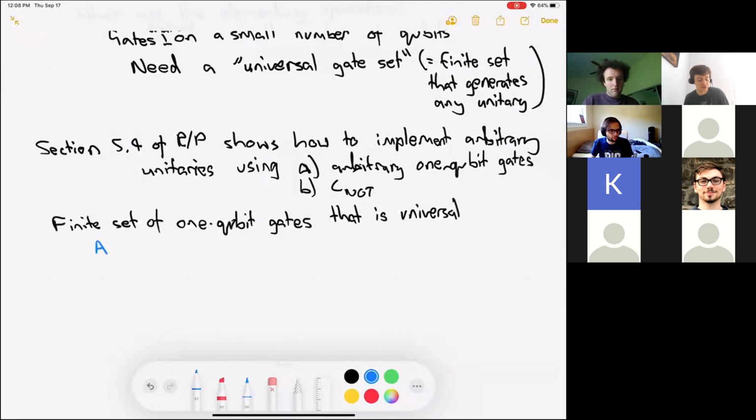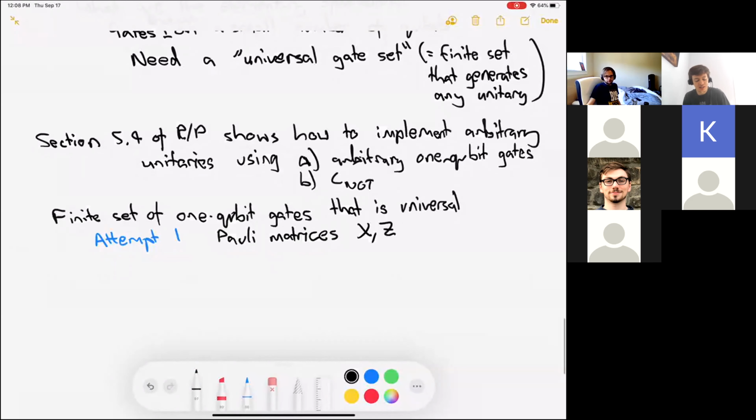So let's try a few attempts at getting some that will do the job. What's the most obvious standard 1-qubit gate that we use all the time? Well, it's the Pauli matrices, right? So you might try using the matrices X and Z.